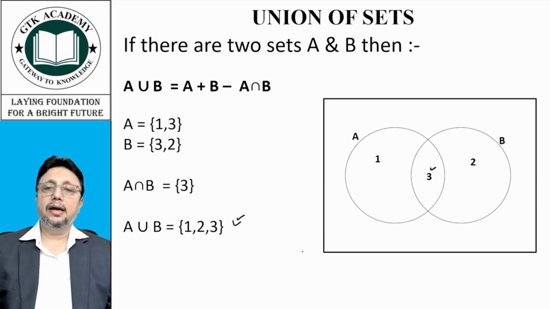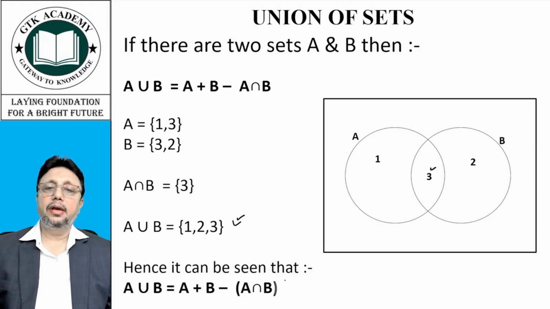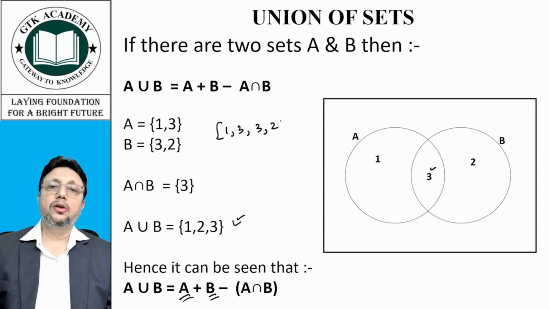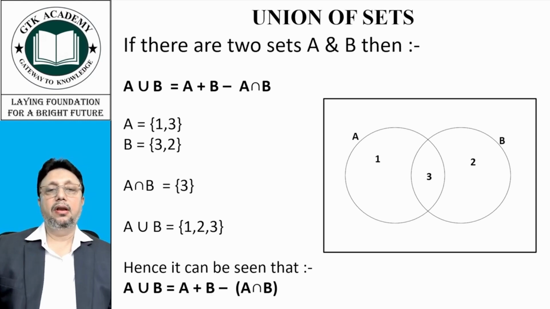So the formula is A union B is equal to A plus B, because if you add A and B, what will become? 1, 3, 3, 2. So 3 gets repeated. So you have to delete 1, 3. That means you have to subtract A intersection B from here.